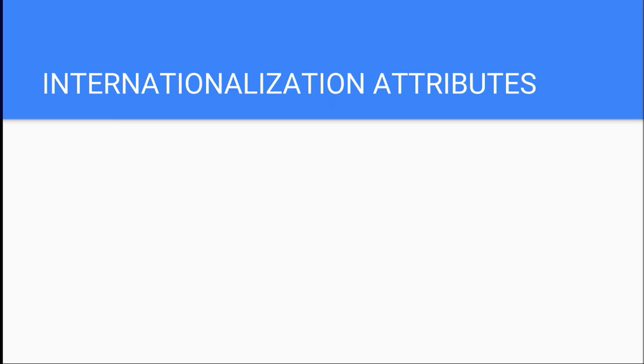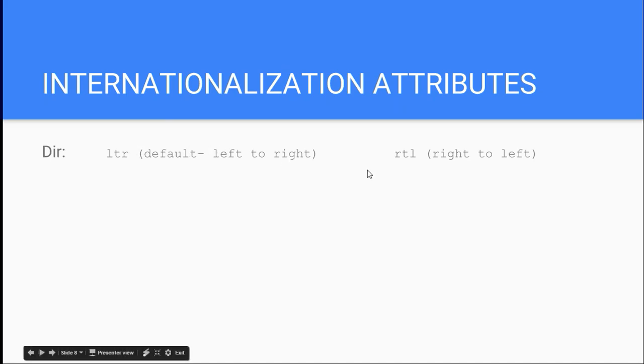And the next set of attributes are internationalization attributes. So what are these? It's dir. This attribute tells us how to align the text. Basically, the default form of aligning the text is from left to right, but we can put the text from right to left also, because in the languages Hebrew and Arabic, they write from the right side to the left side.